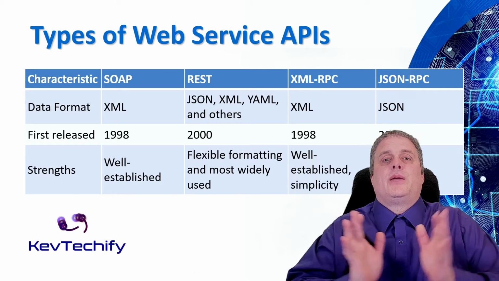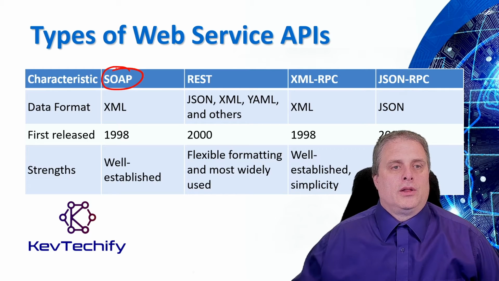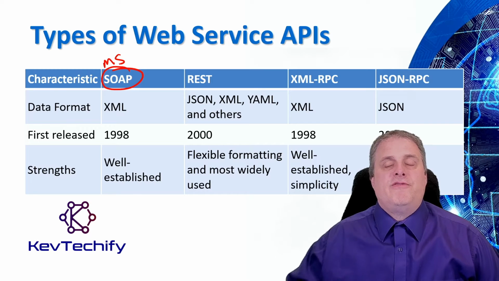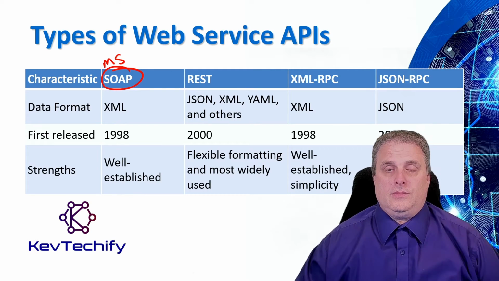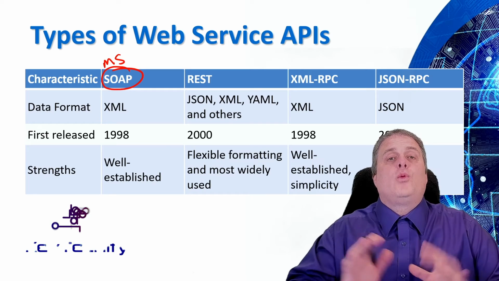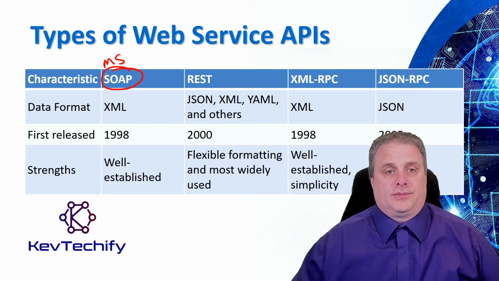There are several types of web service APIs out there. First, we have SOAP. This was designed by Microsoft, very well established, very mature. It's used to build internet websites, and it uses HTTP and XML.